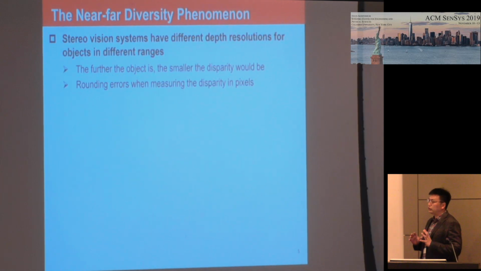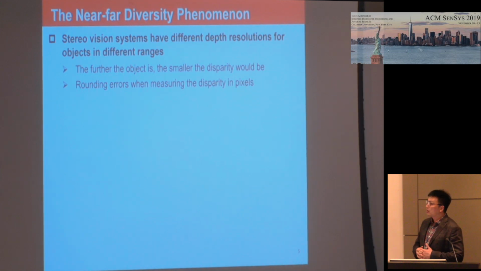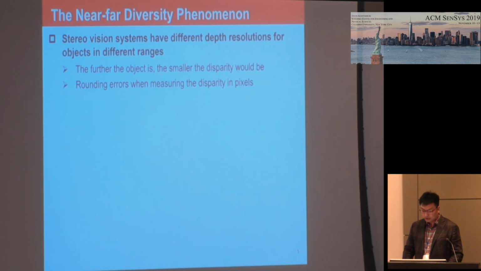If you use the native dual camera on your smartphone to measure something, we have some problems. We call it the near-far diversity phenomenon. That means the stereo vision system has different depth resolution for objects in different ranges.